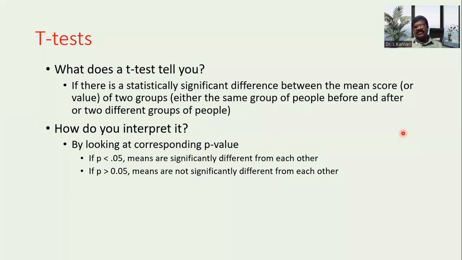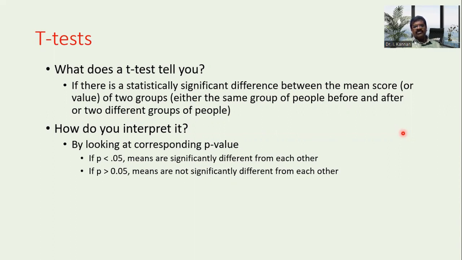In any research, the mean values will have some difference, but your duty is to find out whether the difference in the mean is by chance or a real difference. So you do a statistical test to find out whether the difference in the mean values between the two groups is statistically significant or not.